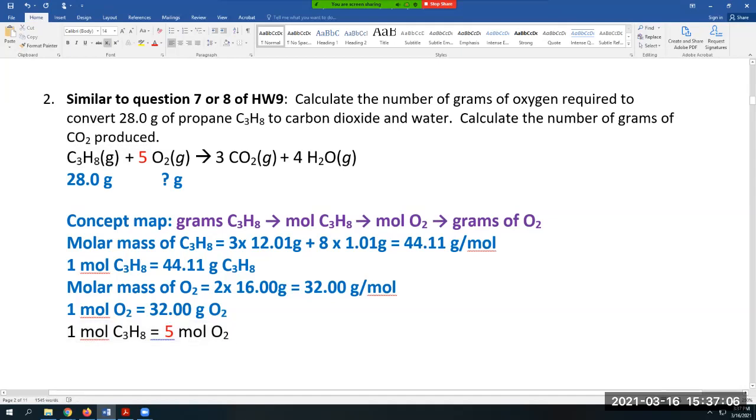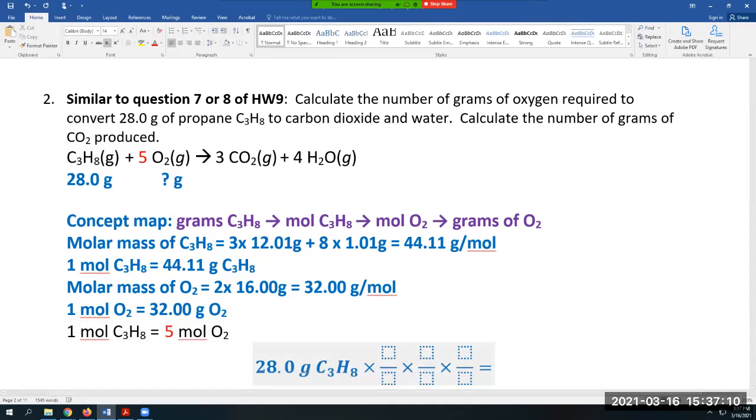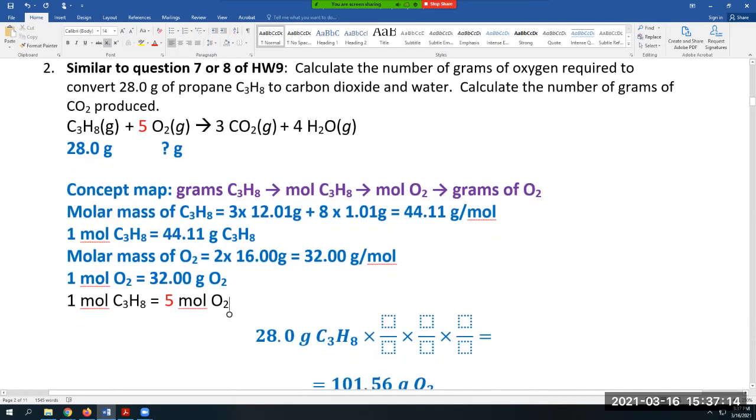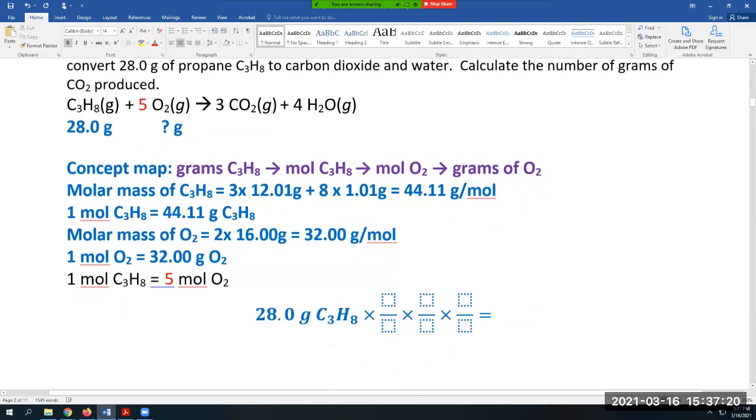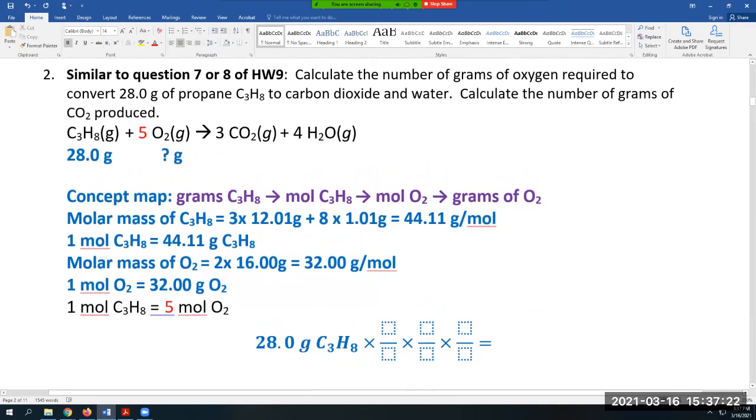So we have our 3 equalities and we can start the calculation. You always start your calculation with the given amount. And the given amount here is 28.0 grams of C3H8. So start with that, right?